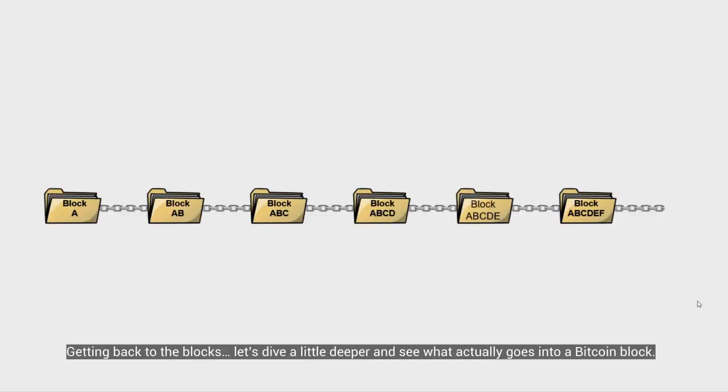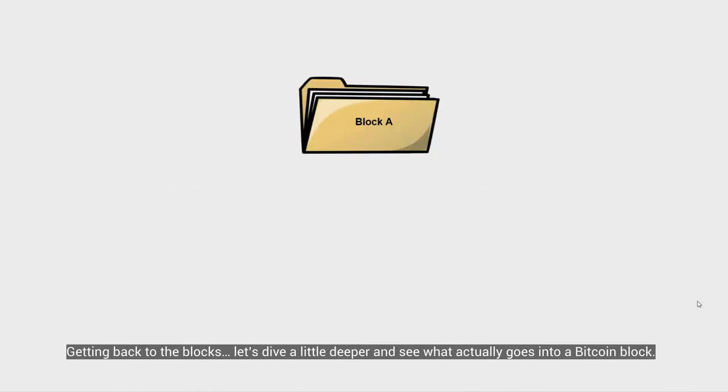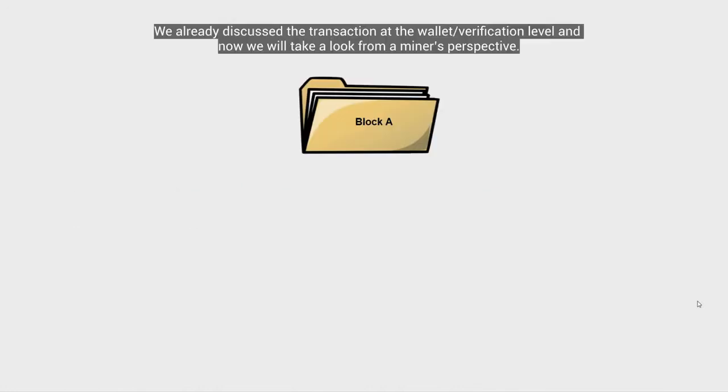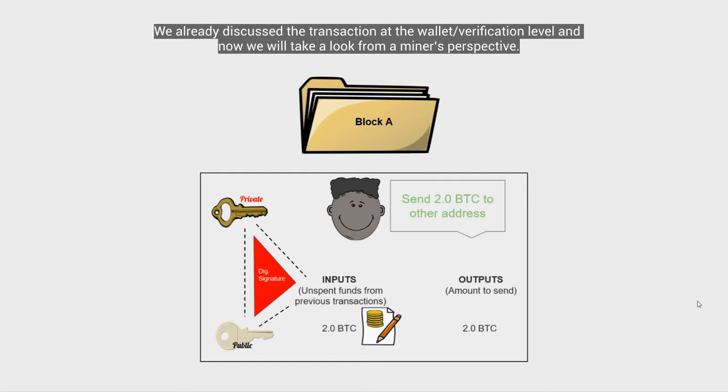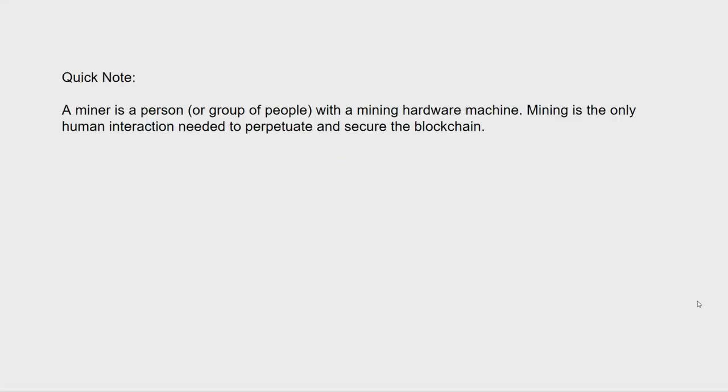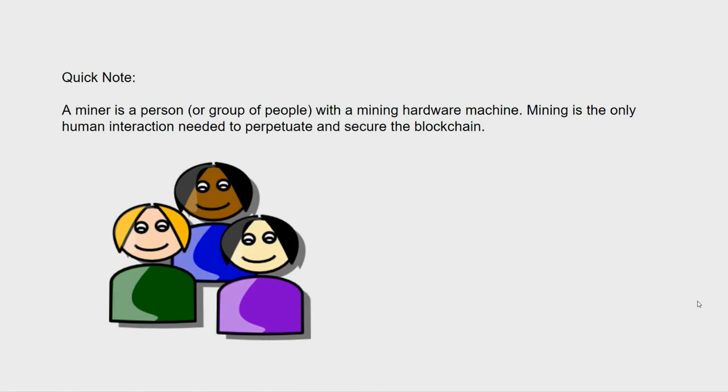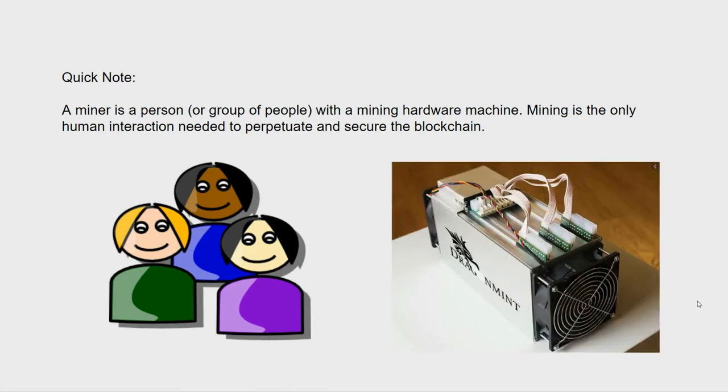Getting back to the blocks, let's dive a little deeper and see what actually goes into a Bitcoin block. We already discussed the transaction at the wallet and verification level, and now we will take a look from a miner's perspective. Quick note, a miner is a person or group of people with a mining hardware machine.